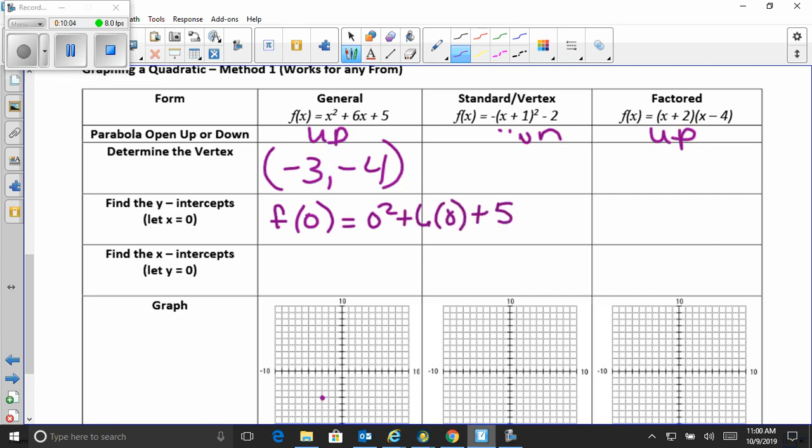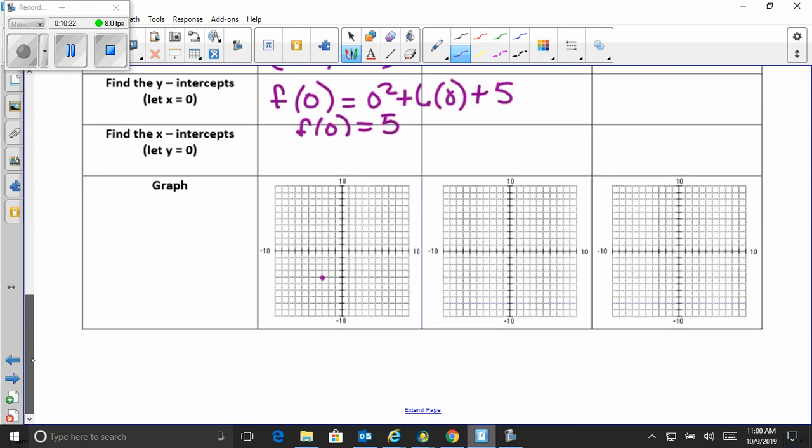So that ends up being 5. So that gives us an easy point to graph. So we go to our y-axis, because it's our y-intercept, and we go to 5. 1, 2, 3, 4, 5.